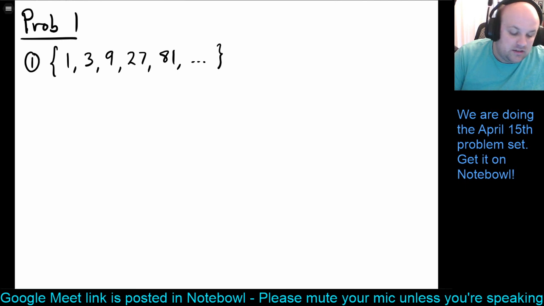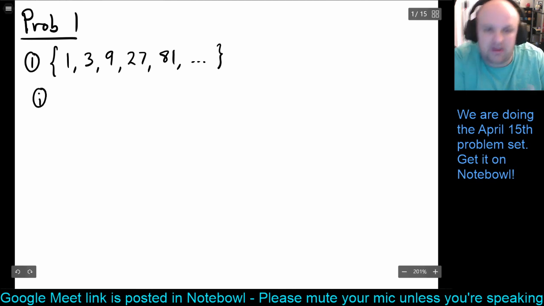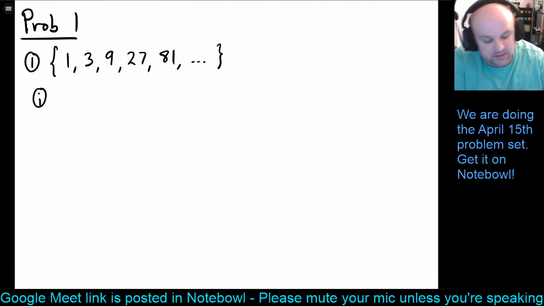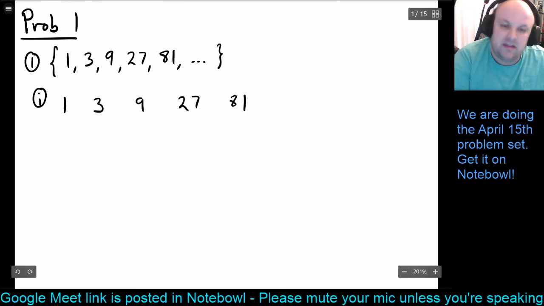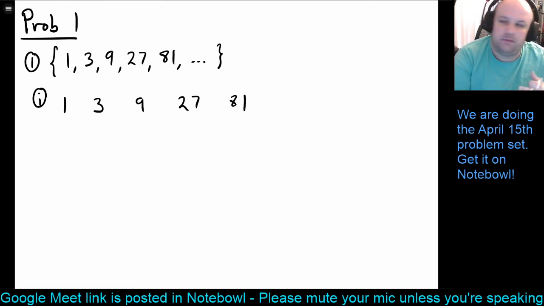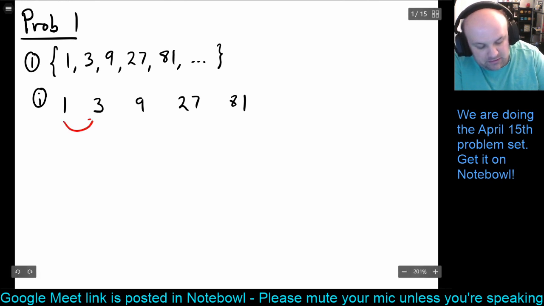When we're doing these problems, the first thing to do is try and find a pattern between the terms. Here we went from 1 to 3 to 9 to 27 to 81. What are we doing from each term to the next one?